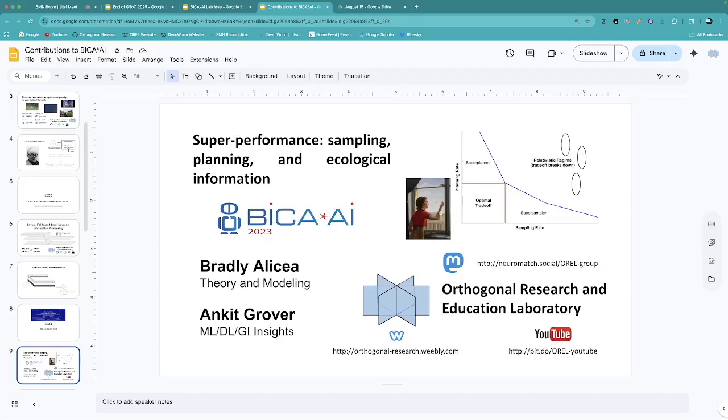So that was that paper, just thinking about how you might have agents that are super planners and super samplers, and how they might compete in the same environment, or how they might build off of one another. And I think we introduced a pursuit evasion game, and we presented some other types of coevolutionary models to show how that might work.